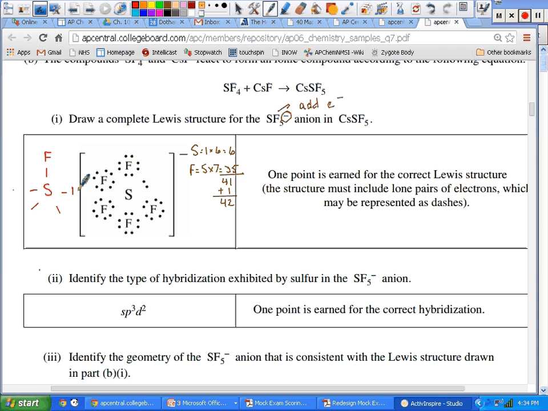And so that's 2, 4, 6, 8, 10. So 42 minus 10 gets us down to 32. And then every F gets its octet. So 2, 4, it's octet. 2, 4, 6, 8, 10, 12, 14, 16, 18, 20, 22, 24, 26, 28, and 30.